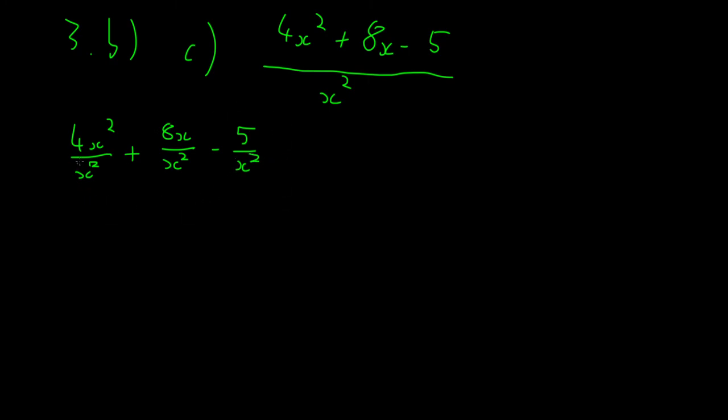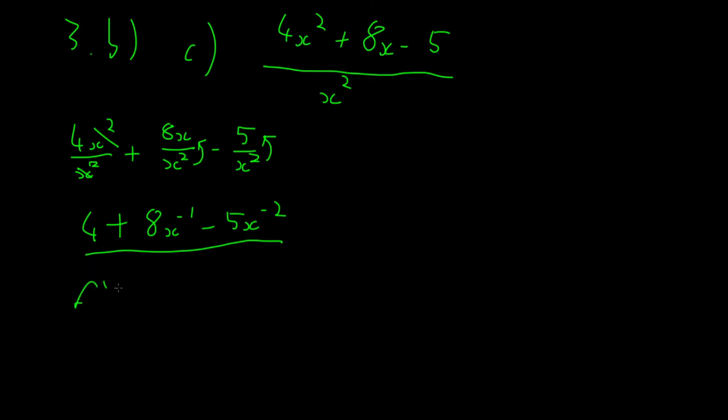So now what we're going to want to do is we'll cancel these x squares out, and we'll get 4 plus, we're going to want to move this up to there, 8x to the power of minus 1. We're going to want to move both of these up here, minus 5x to the power of minus 2. From here we can differentiate this. So, derivative equals, so we'll go the minus 1 times that, minus 8x to the power of minus 2, plus, because minus times minus, so plus 10x to the power of minus 3.